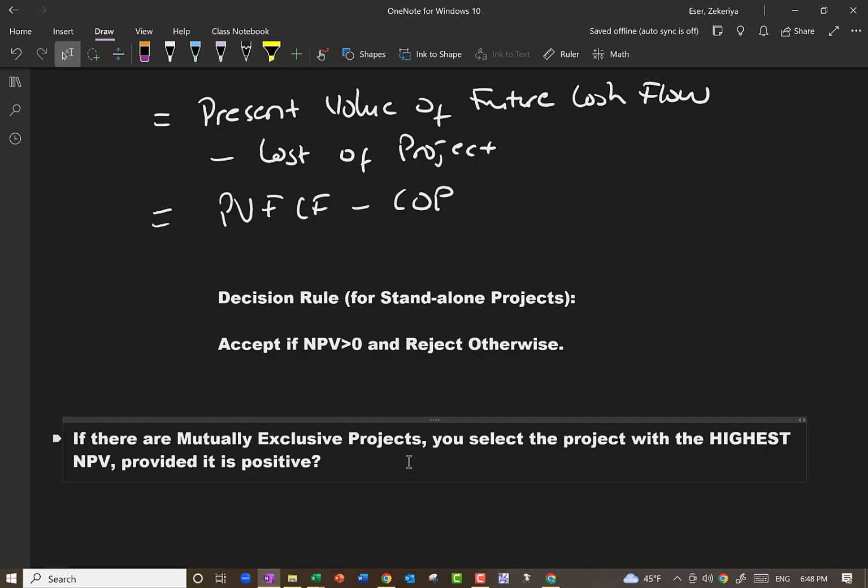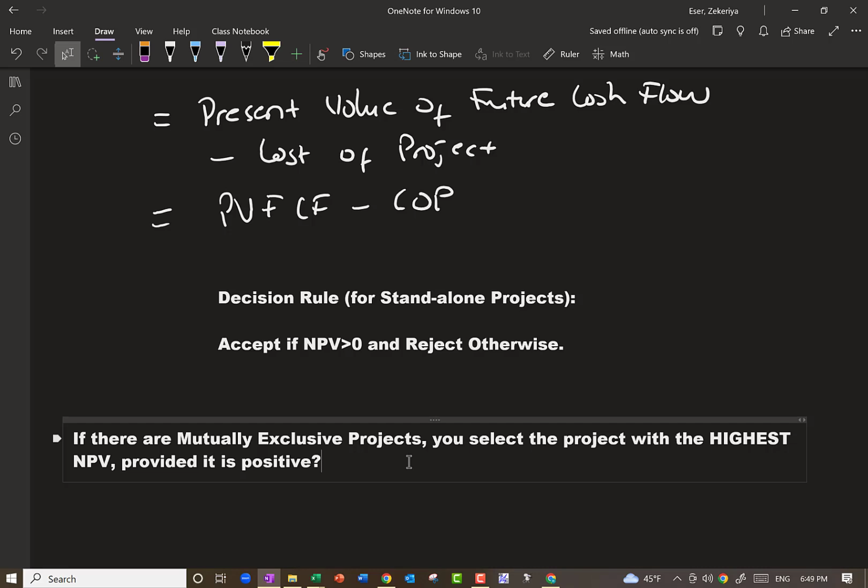The other project is doing a quantum slipstream drive. If you are a fan of Star Trek Voyager, you know exactly what I mean. Suppose these projects are mutually exclusive. What does that mean? Not directly related to each other? No, they are actually related to each other.